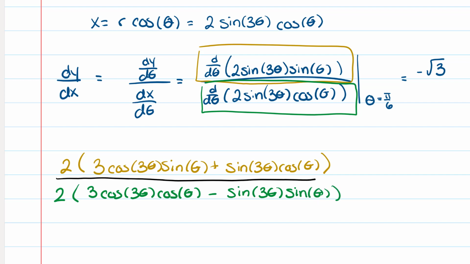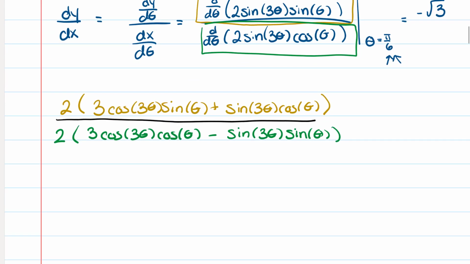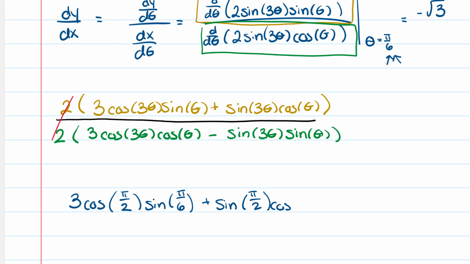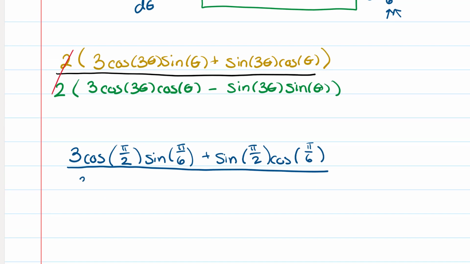Now all we have to do is plug in our pi over 6 value. So the 2's cancel, and we get 3 cosine, plugging in pi over 6, I get pi over 2, sine pi over 6, plus sine pi over 2 cosine pi over 6, all divided by 3 cosine pi over 2 cosine pi over 6 minus sine pi over 2 sine pi over 6.